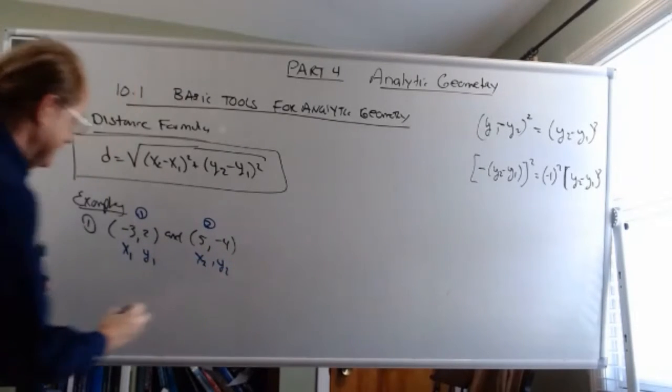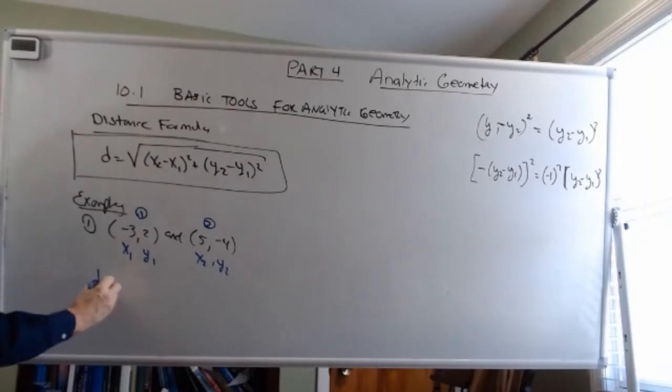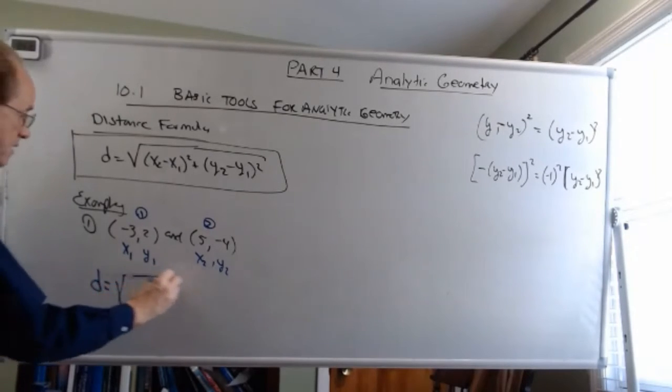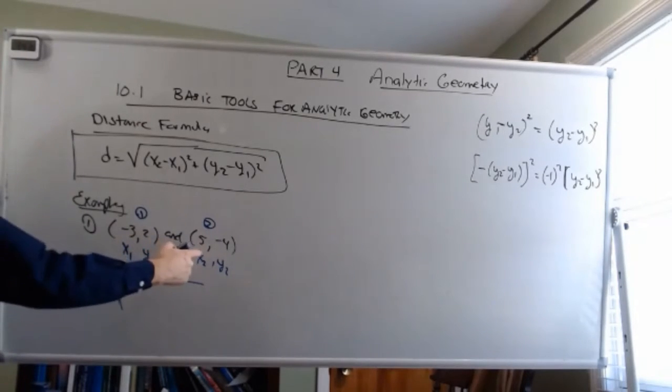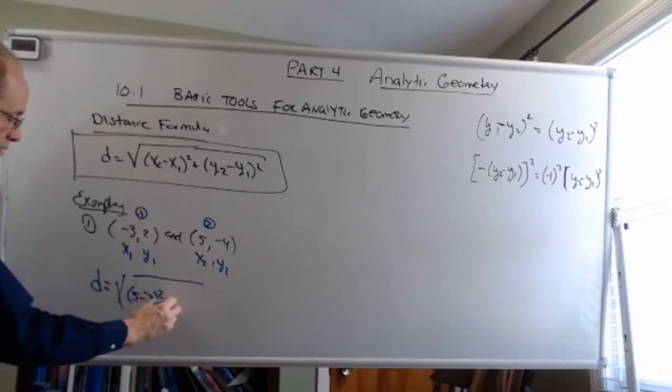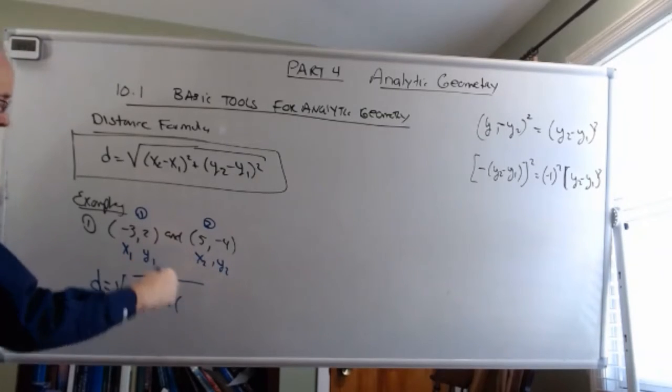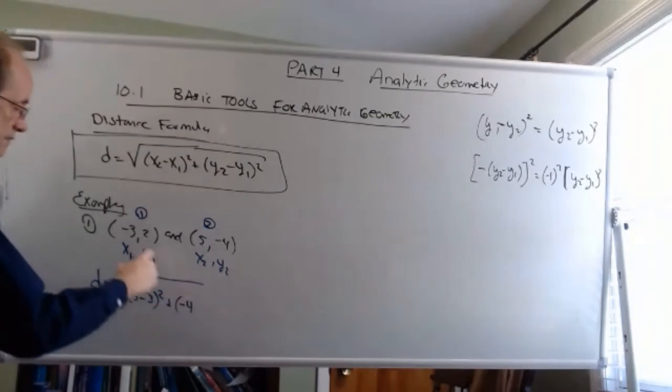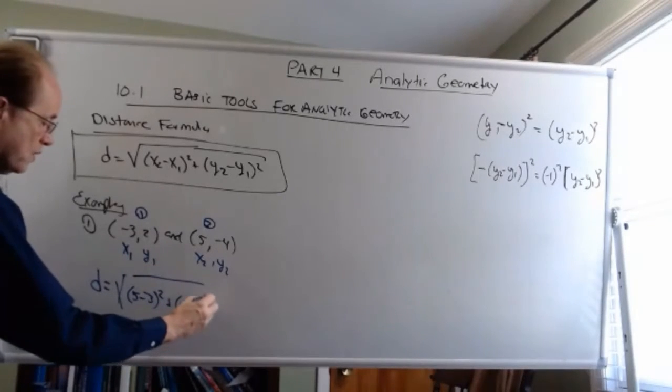Plug that in, and I get my distance then. It's the square root of, so I have my x2 minus x1, so that's 5 subtracting a -3 quantity squared, plus my y2 minus y1, which is -4 subtracting 2 quantity squared.